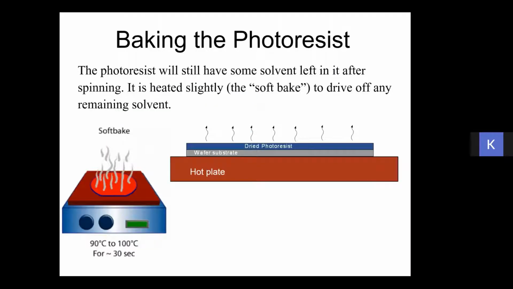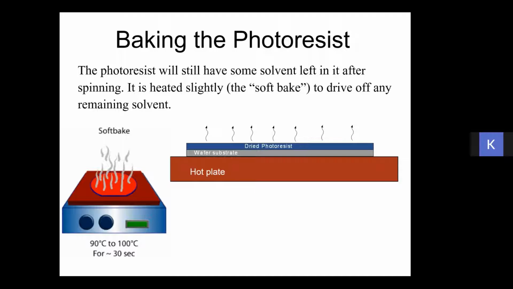Next, you have to bake it. Now, you need just a hot plate, nothing else. You can set 90 to 100 degrees on a hot plate, and just place the wafer coated with your photoresist on it. What will it do? It will evaporate the solvent inside the resist, and it is used mainly to remove the solvent from the resist.